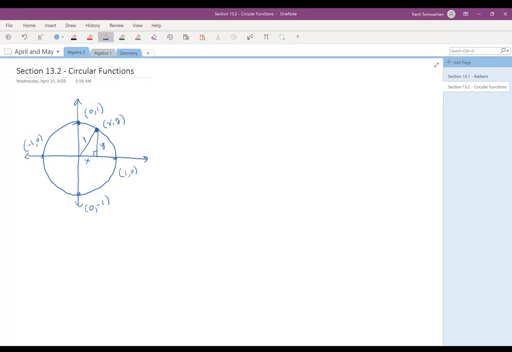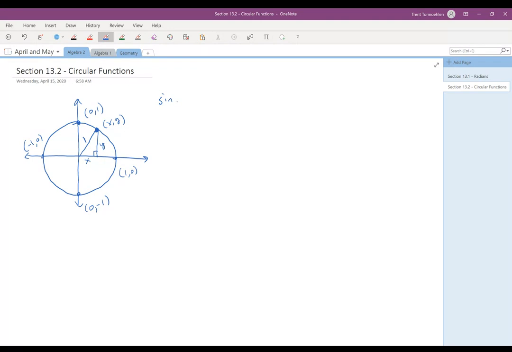Instead of the sine being y over r, where r is your hypotenuse and also the radius, the distance from the origin to that point, we let it all be 1 unit away, which simplifies things.